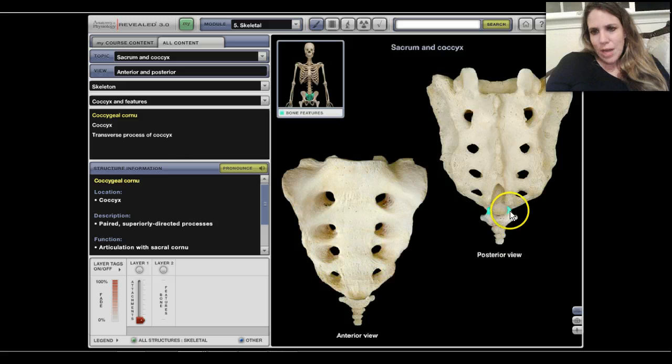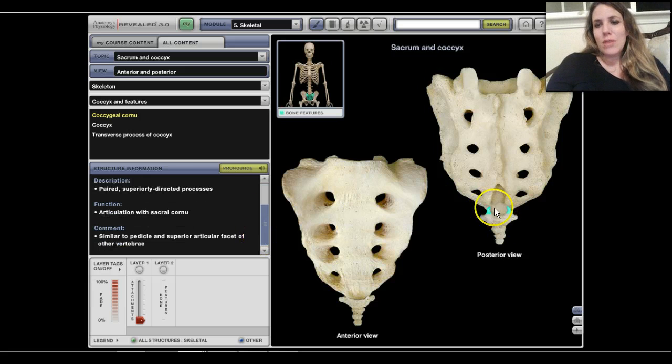And the little horns at the top are called the coccygeal cornu. Cornu means horns. These horns of the coccyx articulate with those sacral cornu of the sacrum. So you got some horns articulating with each other, which is pretty cool. That's your coccyx. And again, that bone can break really easily.